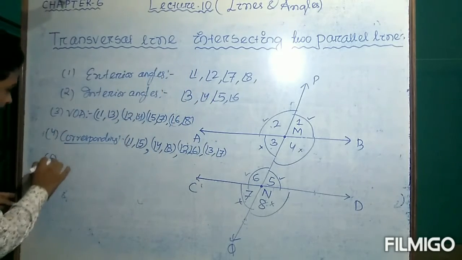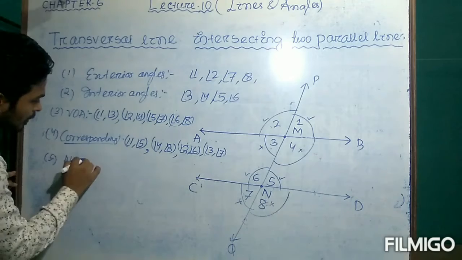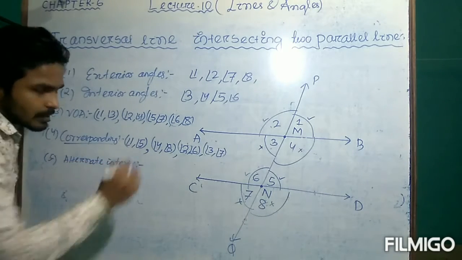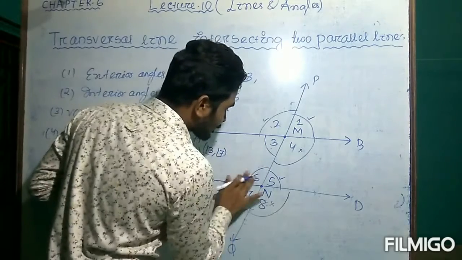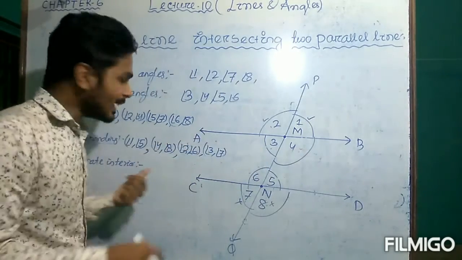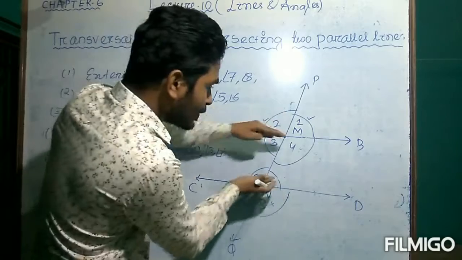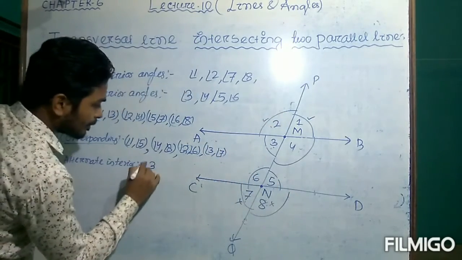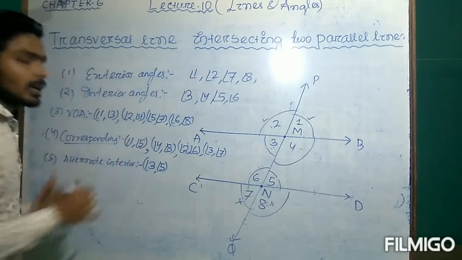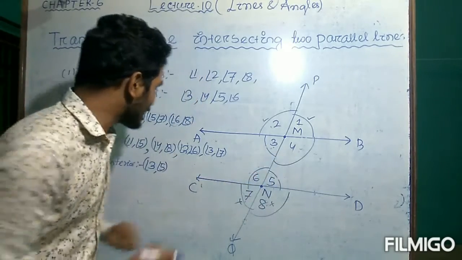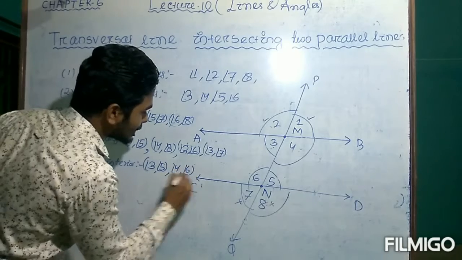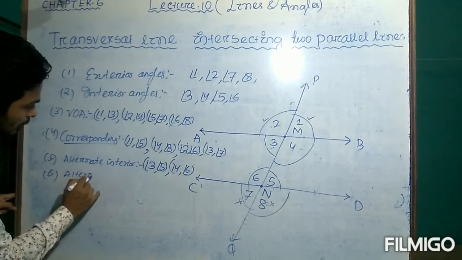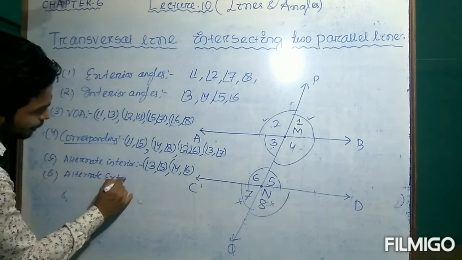Next is alternate interior angles. Okay, so let's find them. Alternate means opposite side, interior means inside or in between these two parallel lines. Okay, so 3 and 5 are one pair of alternate interior angles and 4, 6 are another pair of alternate interior angles. Understood? Next is alternate exterior angles.